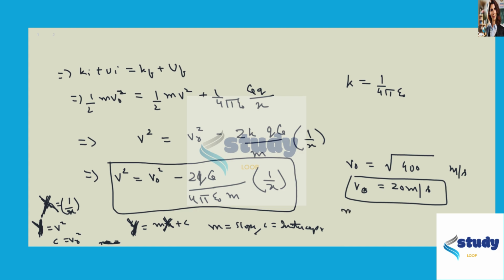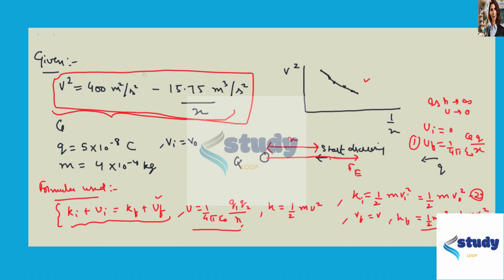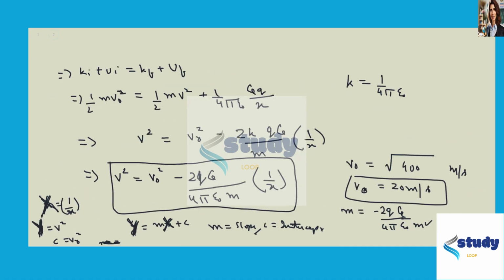Slope is equal to minus 2qQ over 4 pi epsilon naught m. We know the value of the mass, we know the value of the q, and we know the value of the slope here, which is this value. We can find out the value of the capital Q. So this is the technique which we have used here to find out the value of capital Q.